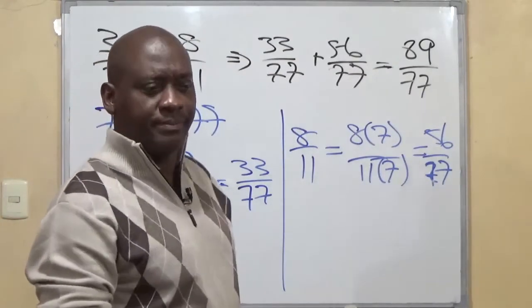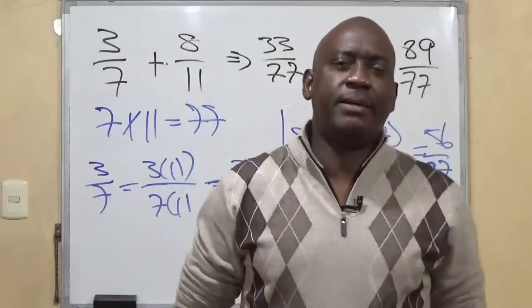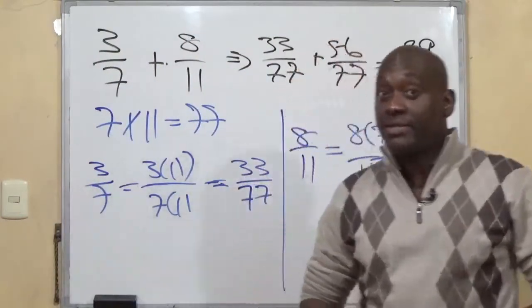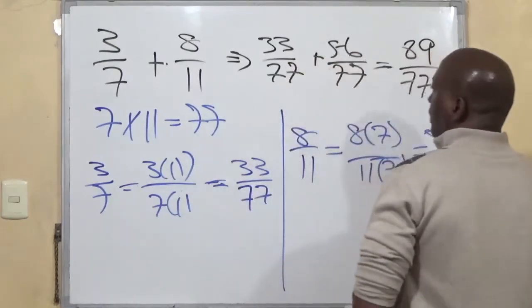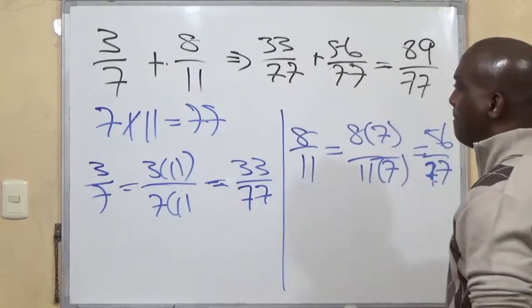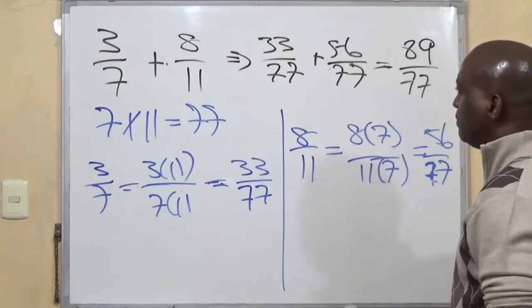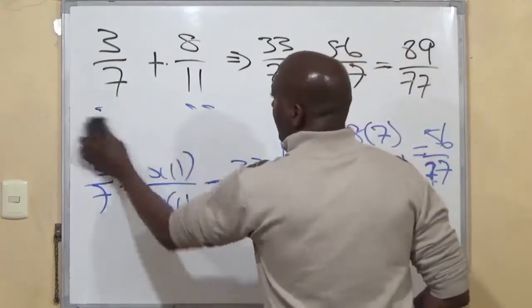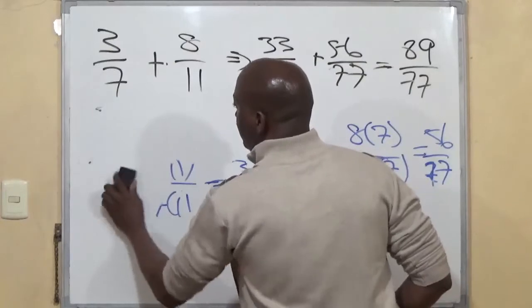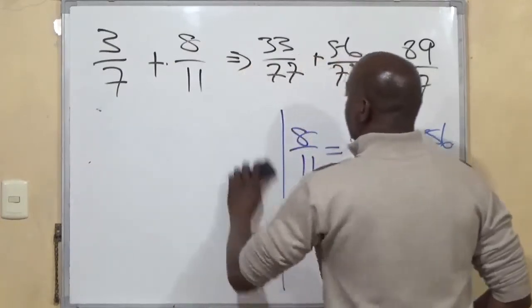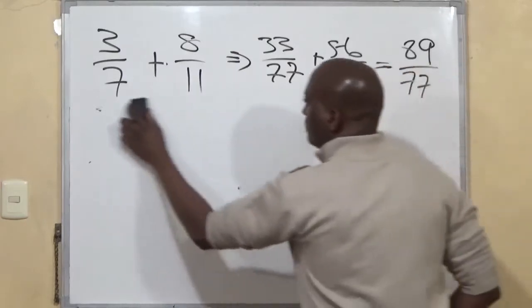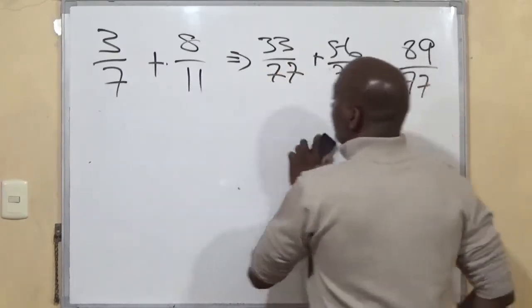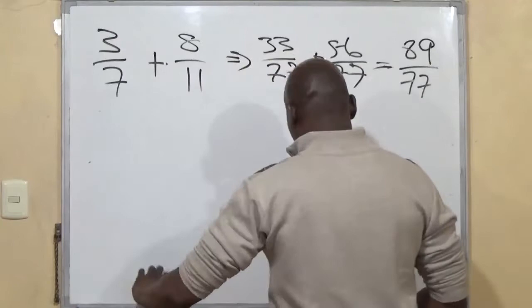And of course, the same pattern applies if you're subtracting. So let me do the same thing. We're changing the color of the ink now, right? If we have not 3 over 7, sorry, 7 over 3.